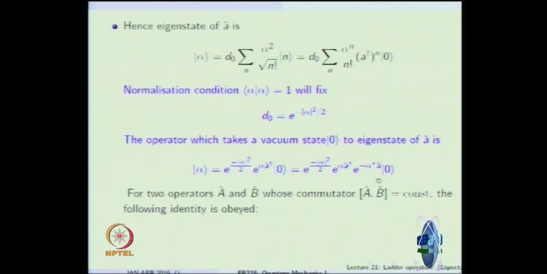The reason for introducing this will be obvious from here, which follows an identity. If you have two operators, take A and B to be A dagger, the commutator of A with A dagger is a constant, an identity. Commutator of Lx with Ly, is it a constant or some new operator? It's a new operator. So there you cannot use this identity. You can use this identity only if the commutator of the two operators is a constant.